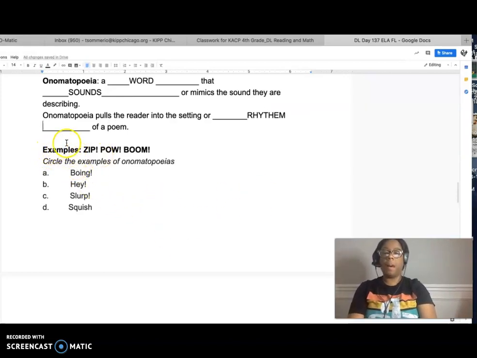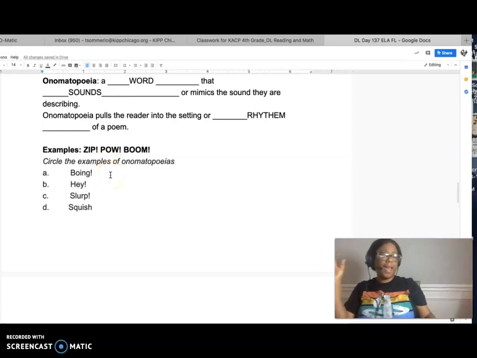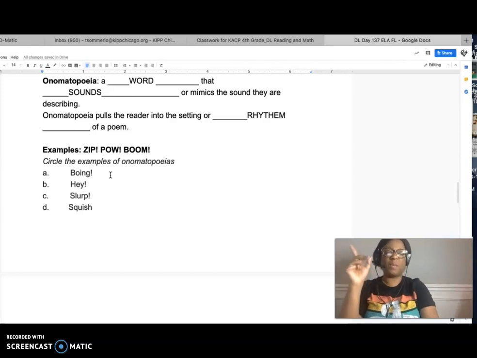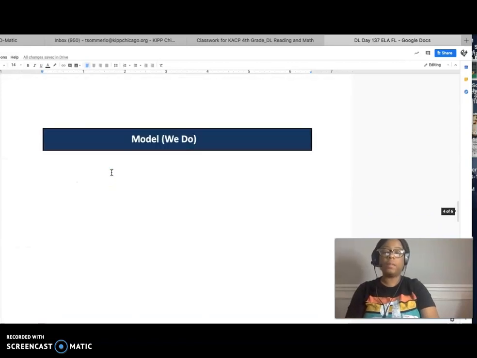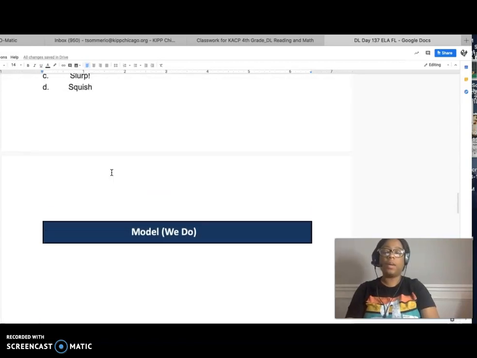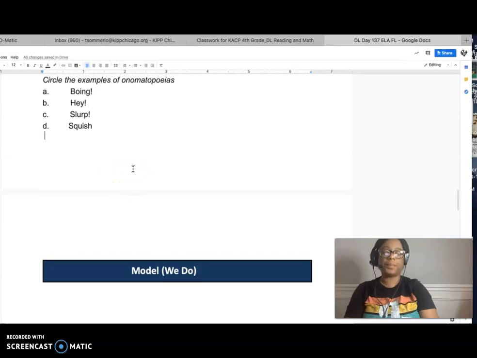Examples: zip, pow, boom. Circle the examples of onomatopoeias. We have boing, hey, squish. That was a trick question. All of these are examples of onomatopoeia. So let's flip the page and go on to the model.